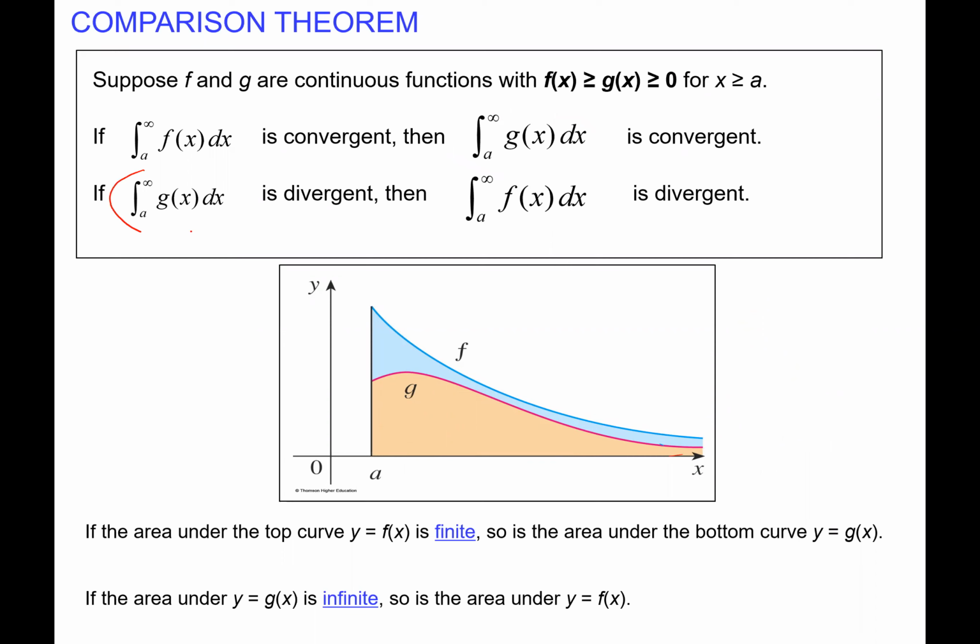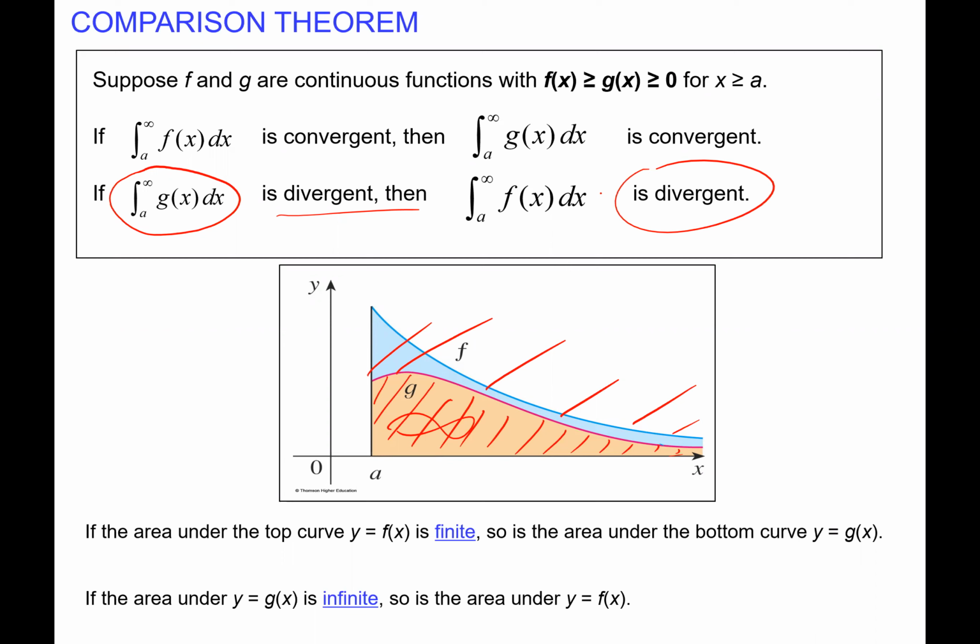Let's imagine that the improper integral from a to infinity of g of x dx, this one, is divergent. Divergent means huge, infinity, it doesn't exist as a finite number. Then everything above it, because the blue is above, must be divergent. Just like that. Just a nice comparison.